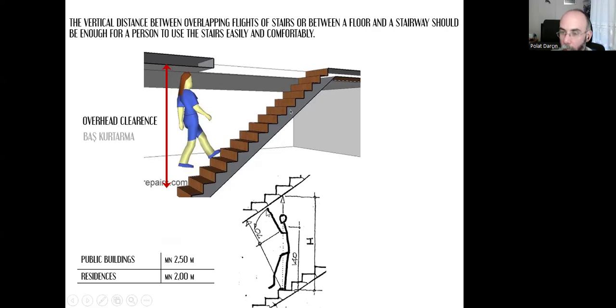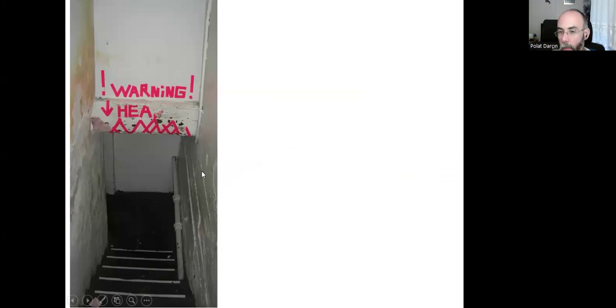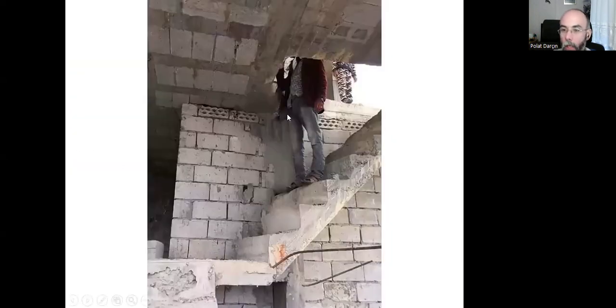When I raise my hand, I shouldn't be able to touch the lower part of either the floor or the upper stairs, because it will be a problem when we are carrying stuff, or it will cause problems, either physical problems, we can hit our head, or psychologically it can be disturbing. We shouldn't do that. We should leave a gap right above the whole stairs, not some portion of the stairs. So these are very bad and wrong examples.